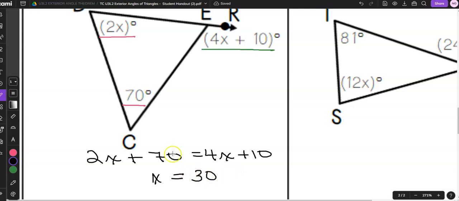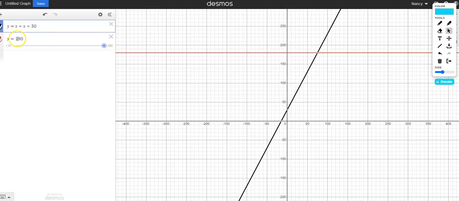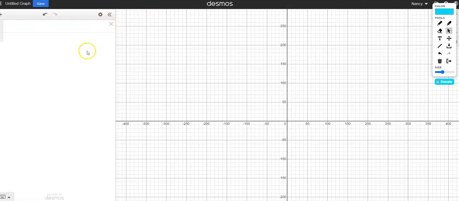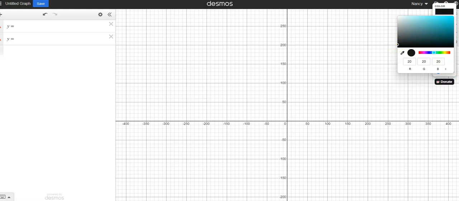You can also go over to the Desmos Graphing Calculator and graph this, and I'm going to show you how to do that right now in case you don't remember. On two lines, we're going to put y equals. Remember, you have to use lowercase y. Our equation was 2x plus 70 equals 4x plus 10.